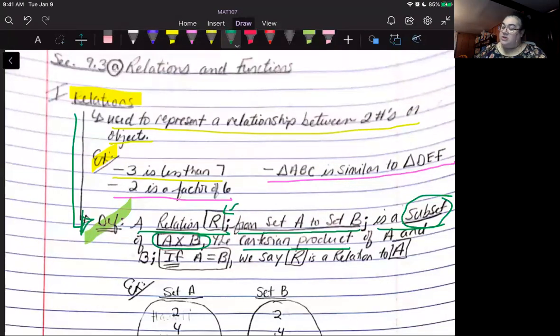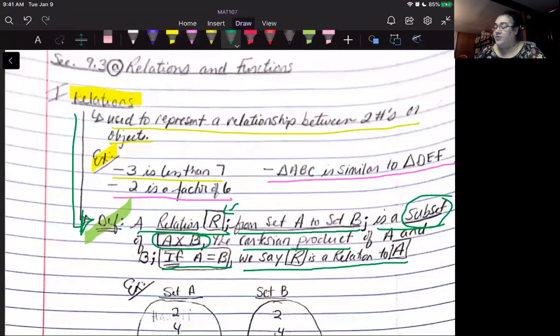And the next thing you have to remember is that if it turns out that set A and set B were equal to each other to begin with, before we took their cross product and then found the subset of that cross product that fit the relation, we say that the relation is a relation on set A. But that last part is not the most important part for you to remember.